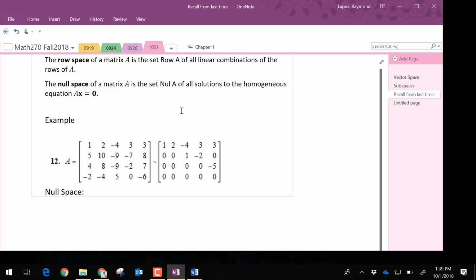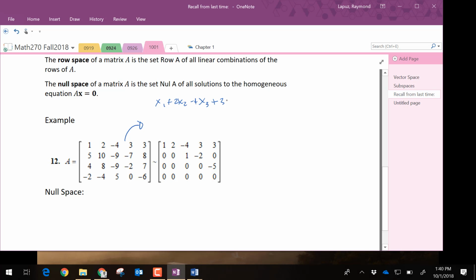So if we want to backtrack a little bit, we can imagine our system to be, 1, 2, 3, 4, 5, there's 5 of them. x1 plus 2x2 minus 4x3 plus 3x4 plus 3x5 equals 0. 5x1 plus 10x2 minus 9x3 minus 7x4 plus 8x5 equals 0, etc. So that's your system, and you're looking at this matrix A. This system would help us generate this Ax equals 0 equation, where you have a column full of zeros that, again, you're not going to include in the work that you do.